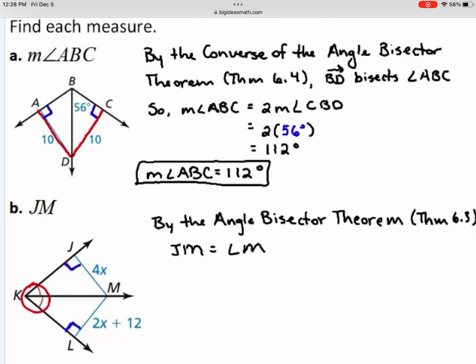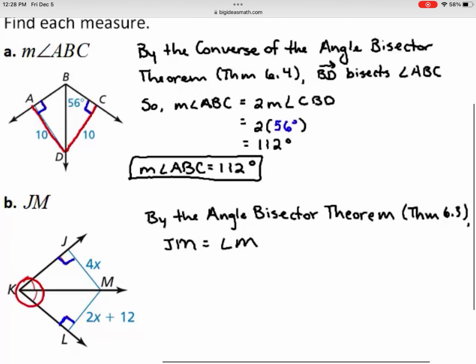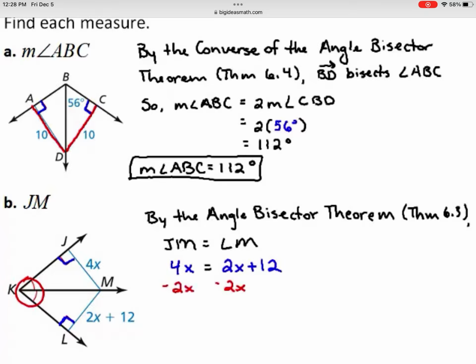So by the angle bisector theorem, JM equals LM. You can substitute the given information into your equation, which gives 4x equals 2x plus 12. Subtracting 2x from each side gives 2x equals 12. Dividing by 2 on each side gives x equals 6.